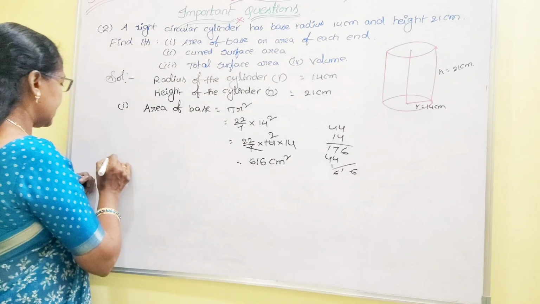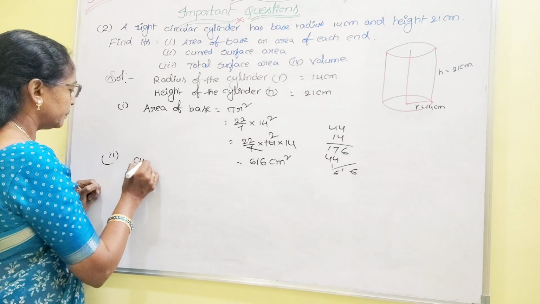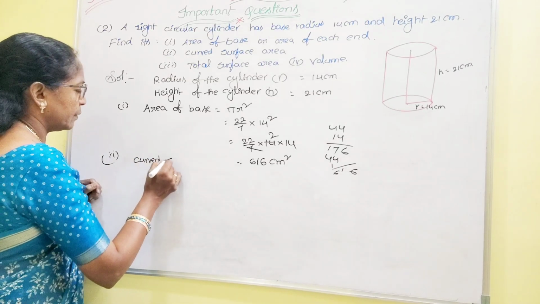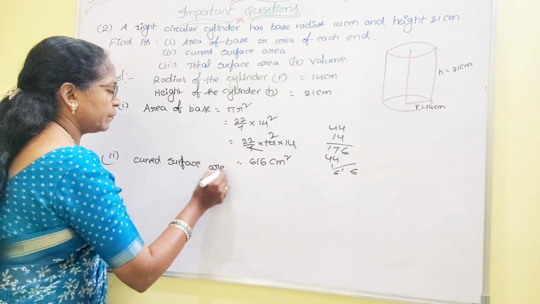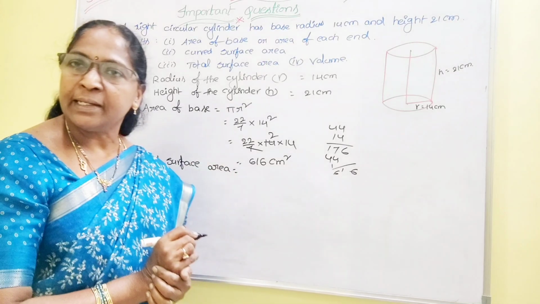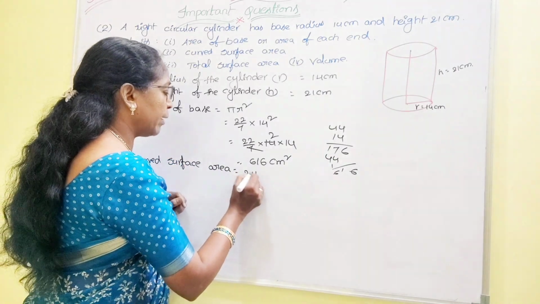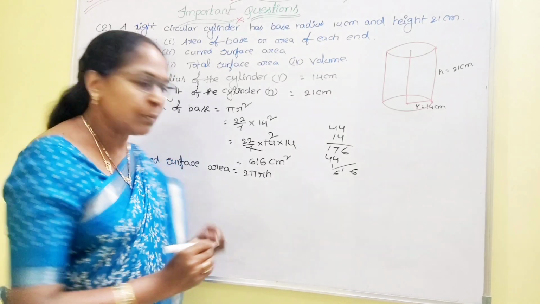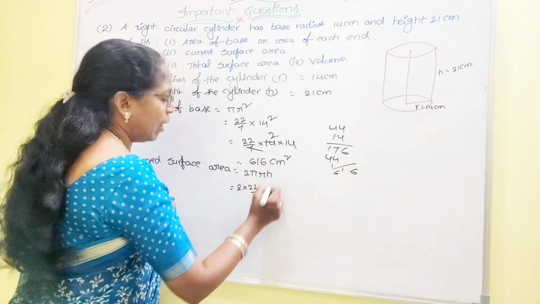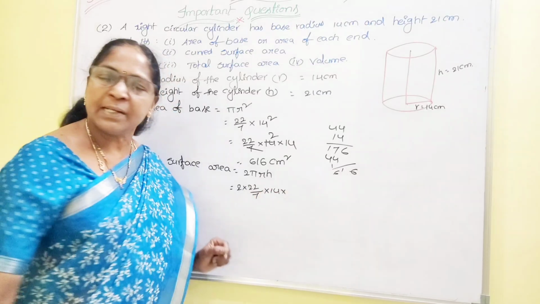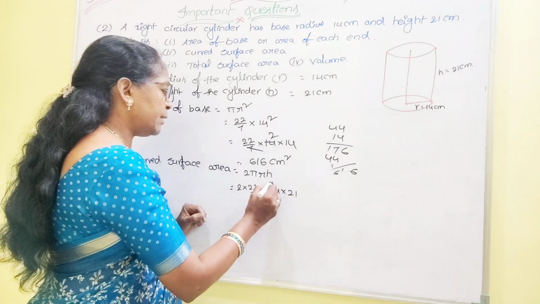Now the second one is the curved surface area. What is the curved surface area of the cylinder? That is 2 pi RH. This is the formula. So 2 into 22 by 7 into radius 14, multiplied by height 21. Now again 7 into 14 is 2 times.